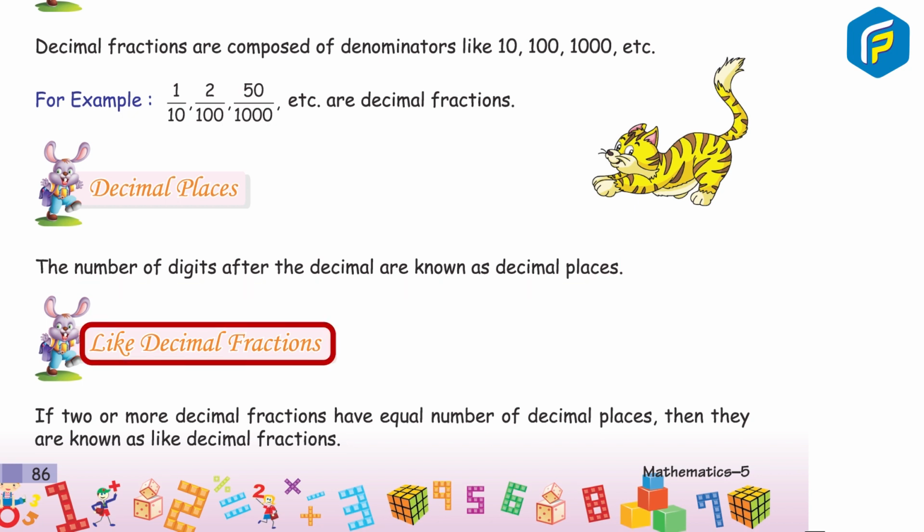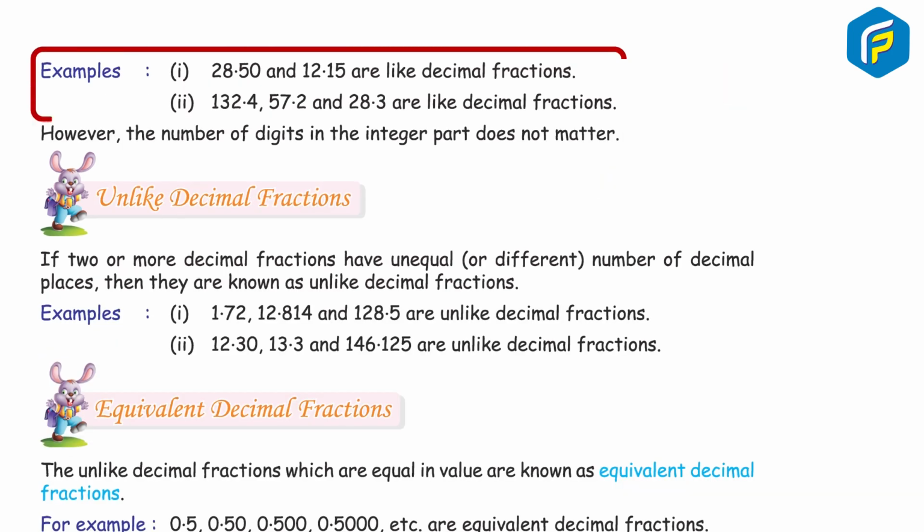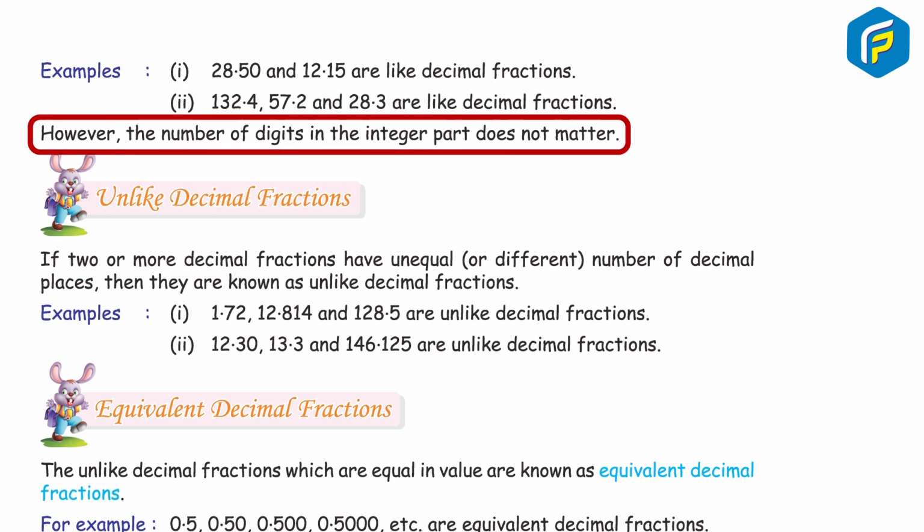Like decimal fractions. If two or more decimal fractions have an equal number of decimal places, then they are known as like decimal fractions. Example 1: 28.50 and 12.15 are like decimal fractions. Example 2: 132.4, 57.2 and 28.3 are like decimal fractions. However, the number of digits in the integer part does not matter.